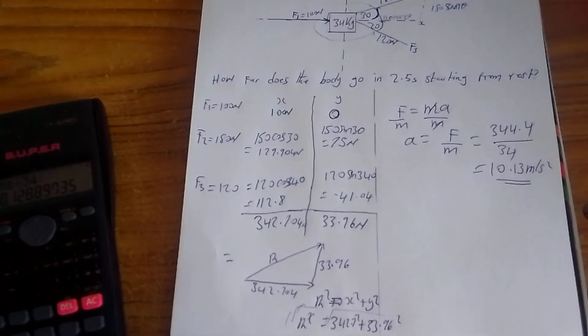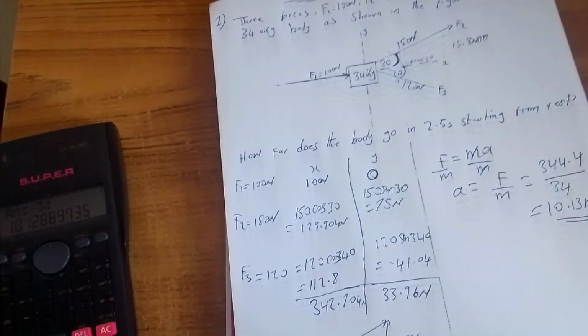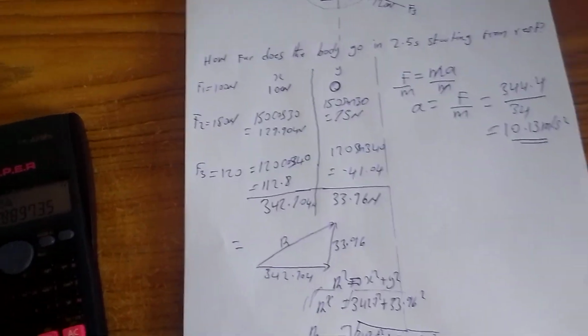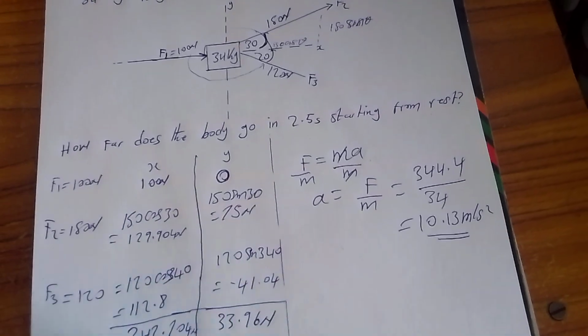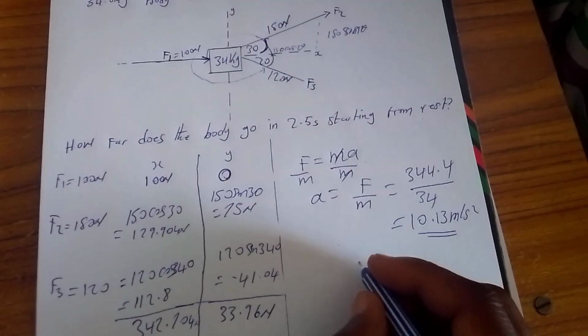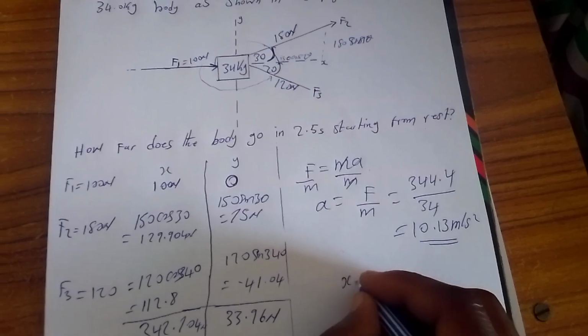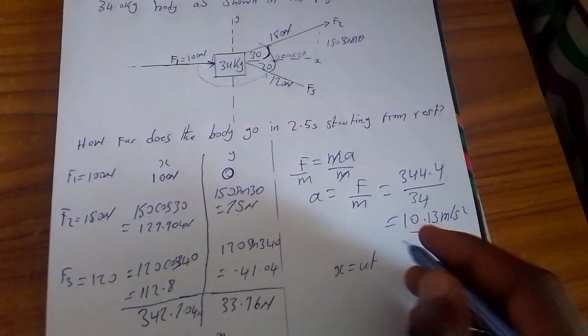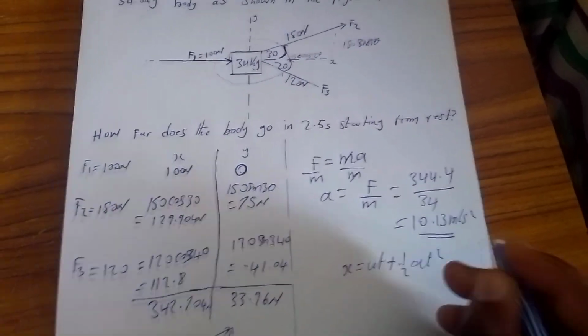Now that we have found this, we can use just one of those four equations of motion. Looking at what we have, we can simply say x is equal to this plus half acceleration t squared.